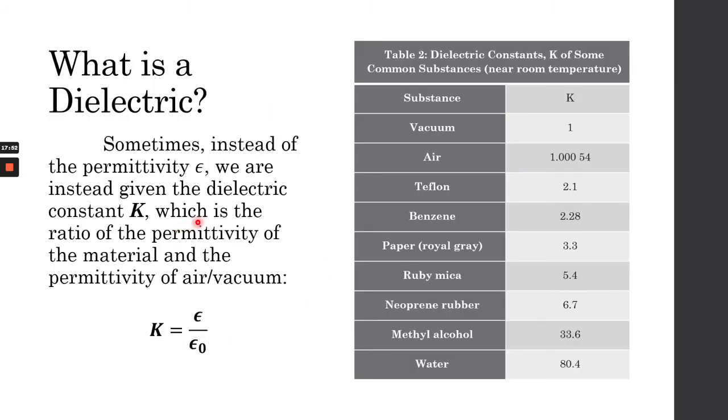That's just it. It's the ratio of the permittivity of the material and the permittivity of the air or vacuum.